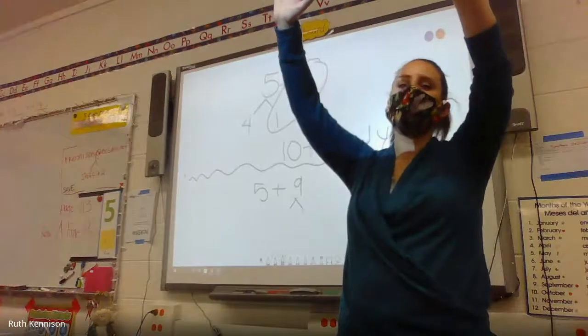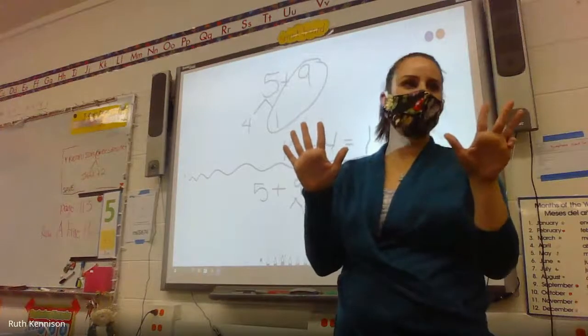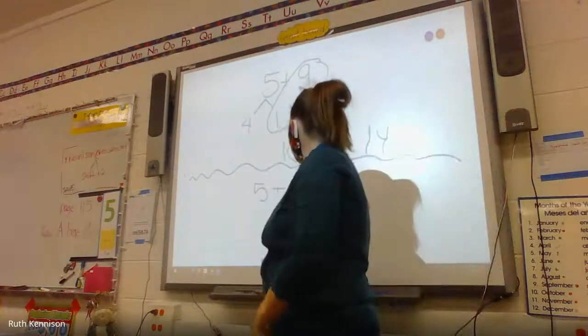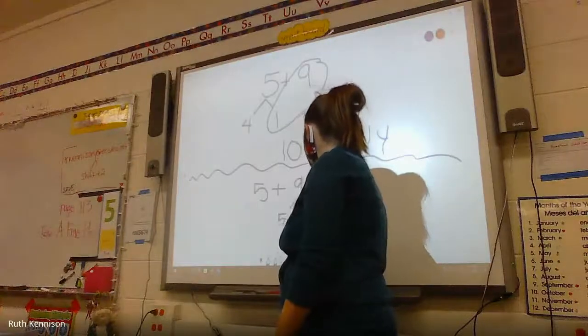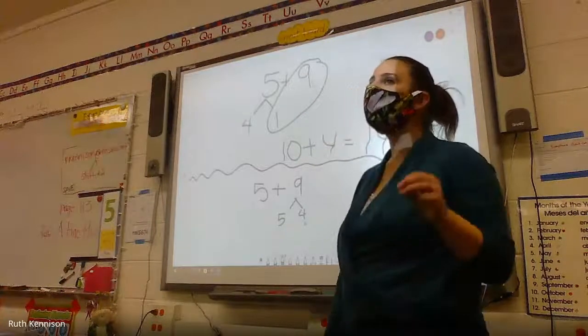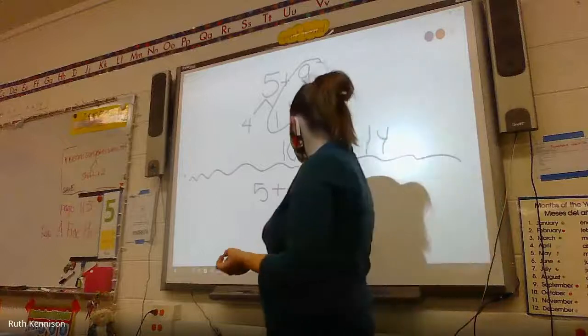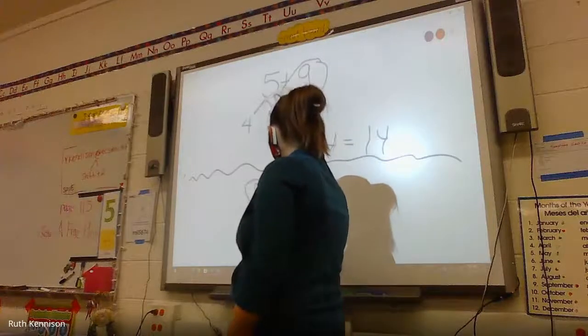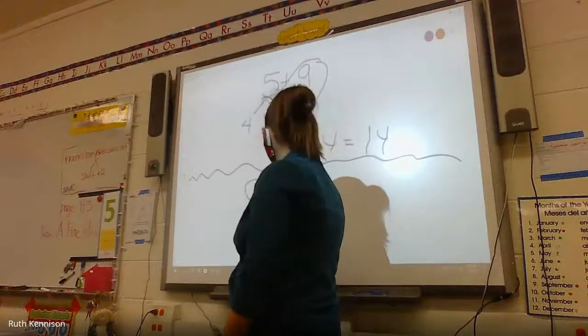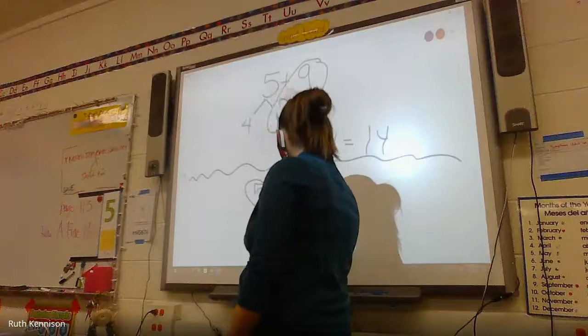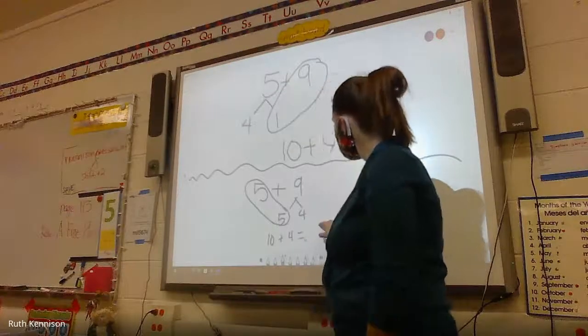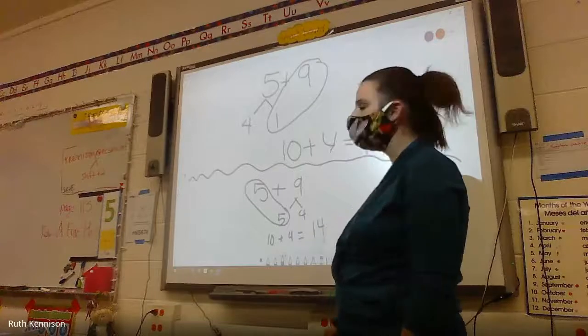It's a 5 and a 4. Do you know that 5 plus 5 make 10? Yes. So if you wanted, and this felt easier to you, you could do it this way. It would give you the same answer. You'd still have 10 plus 4, and that would still equal 14.